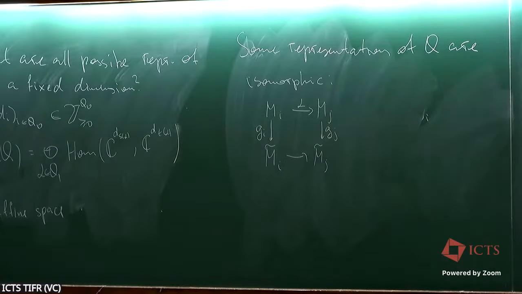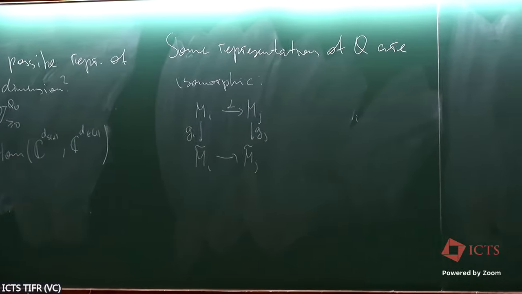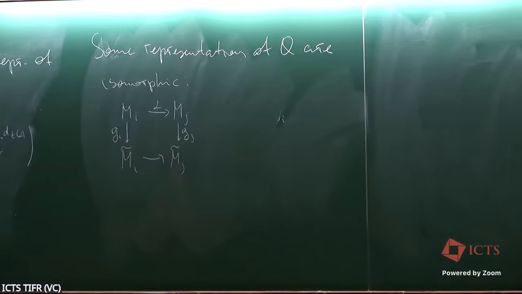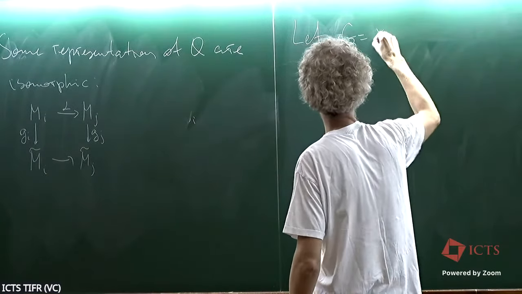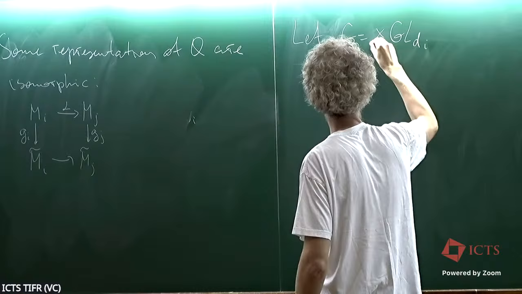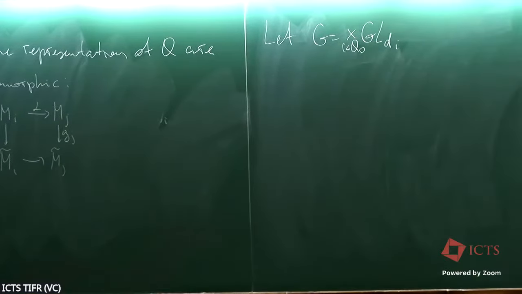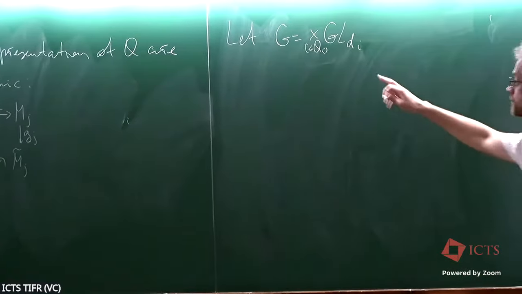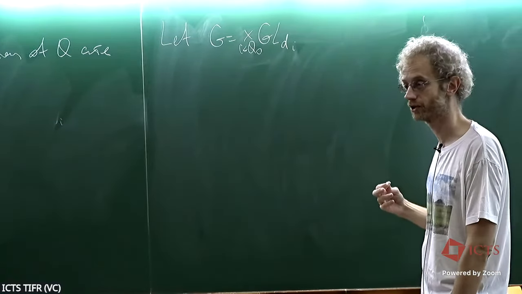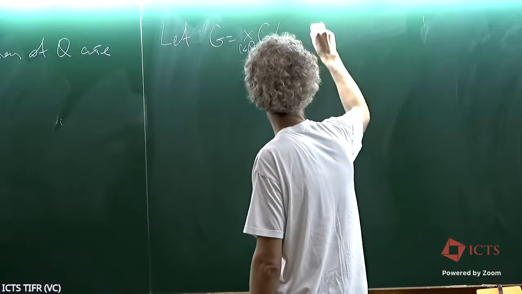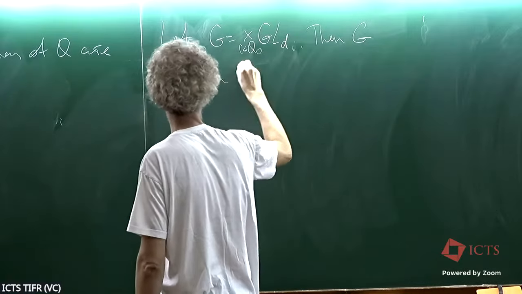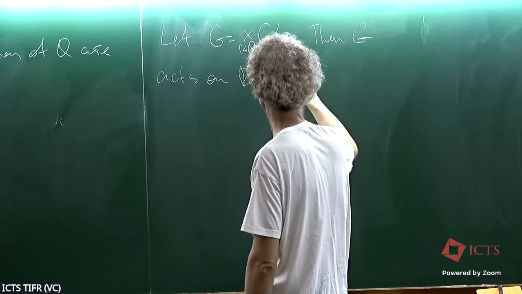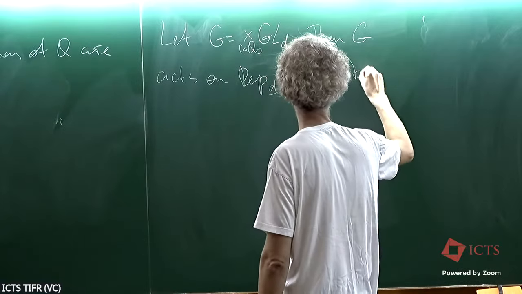It's natural to introduce the group action on this representation space, which takes care of these isomorphism classes. Let G be the product of GL_{d_i}, i from Q_0. The group is very concrete: you take just the product of general linear groups corresponding to the vertices. Then G acts on this representation space simply by base changes.